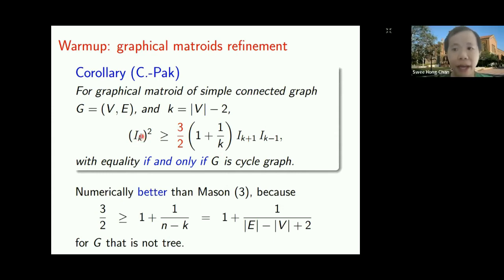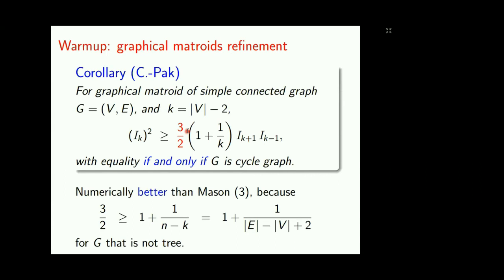Yes, this is the same as the index of independent set. And that's actually a very good question, because we actually have the other improvement also for other values of k. It's just that the number is not as nice, not as easy to write as 3/2. So that's why for this one we only put this number.